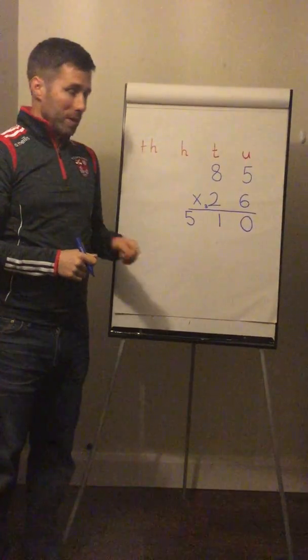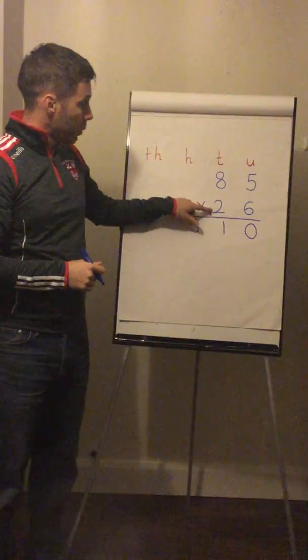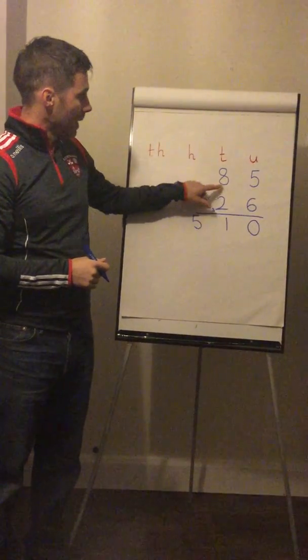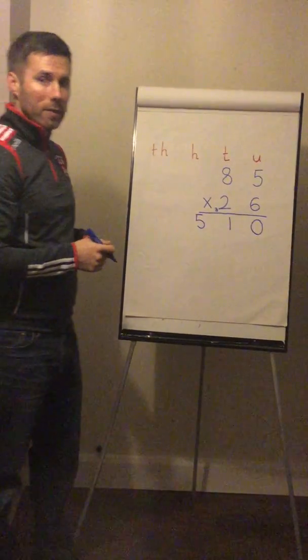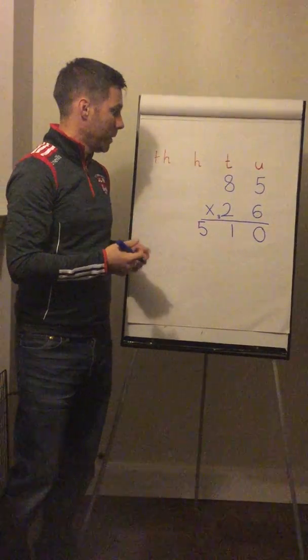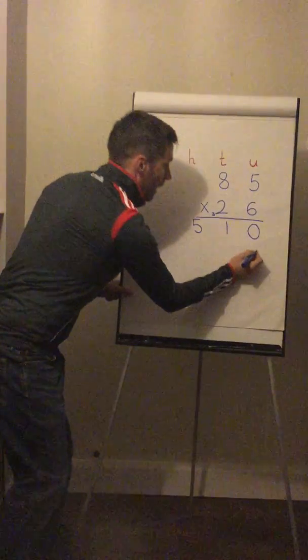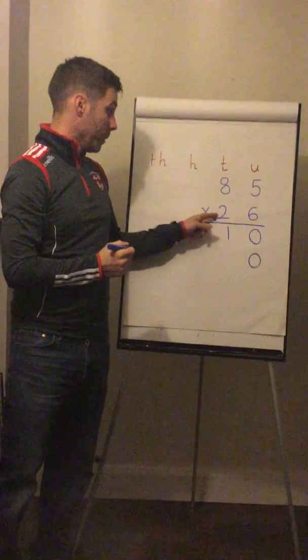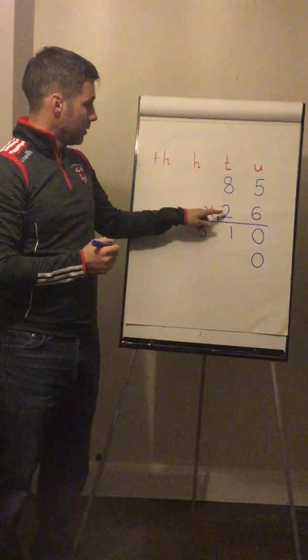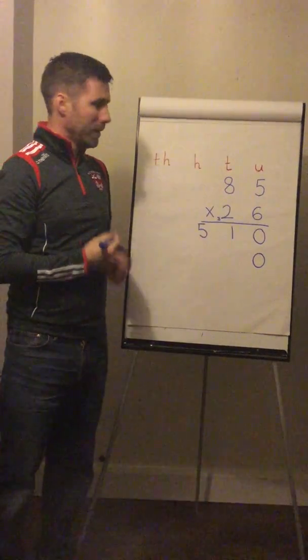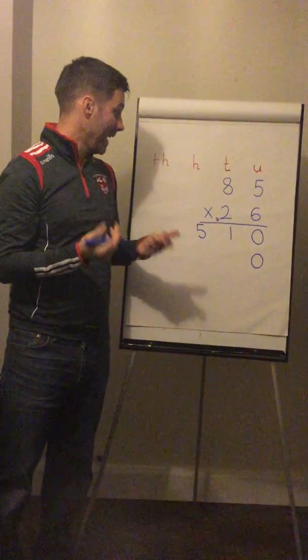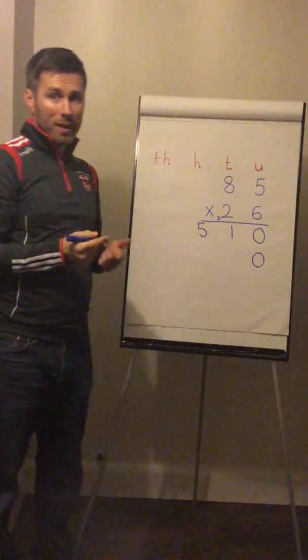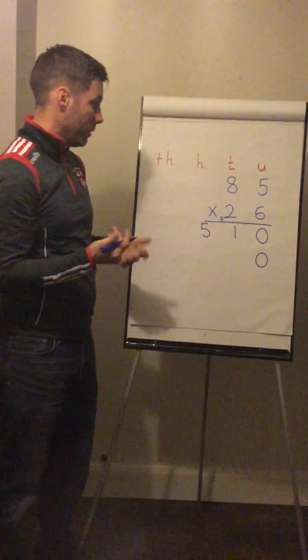Now next step, step 2, I'm multiplying 20 or 2 tens by 85. As I said in example 1, an easy way to multiply by 20 is to put a 0 in my units answer column and multiply it by 2. So I'm multiplying 2 tens by 5. That gives me 10 tens. So 10 tens is the same as 0 tens and 100.